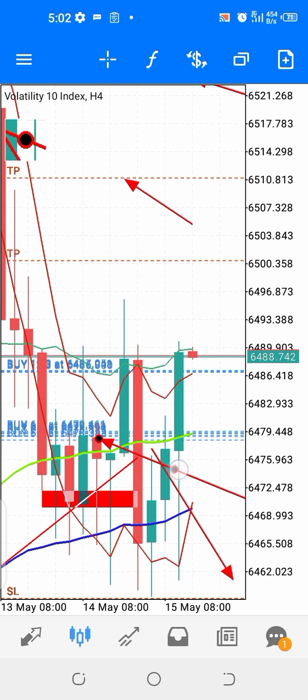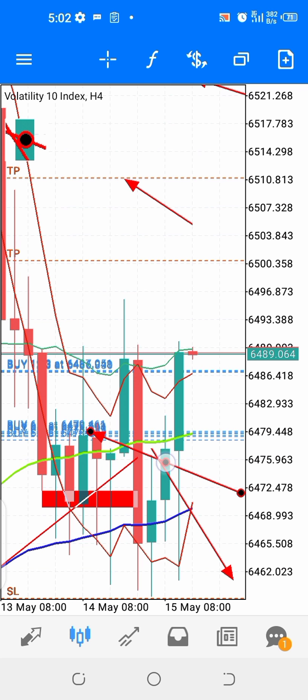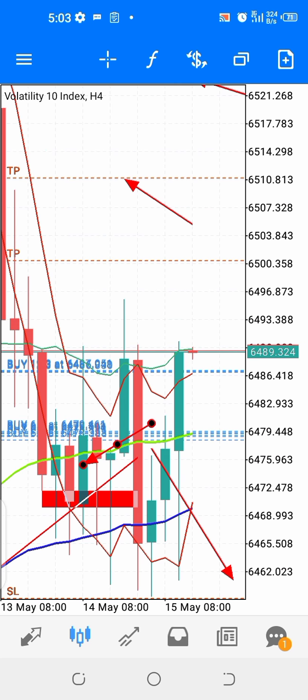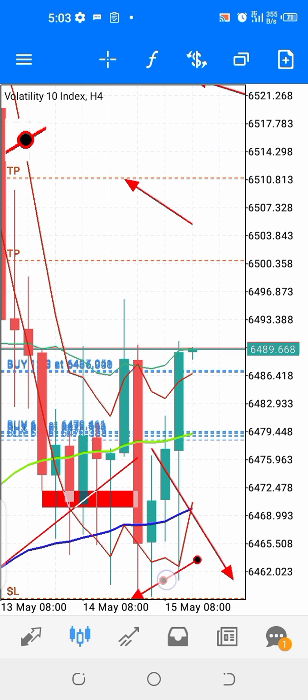I wasn't going to push the market; my job was to speculate that price was going to buy, which I did, and I took a buy and positioned my stop losses accordingly. You can see the level for my stop loss.